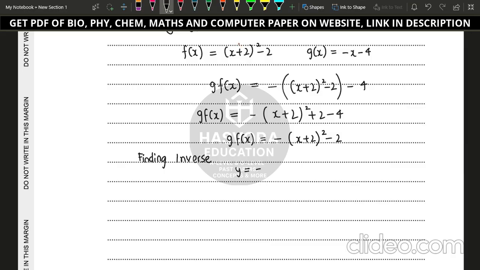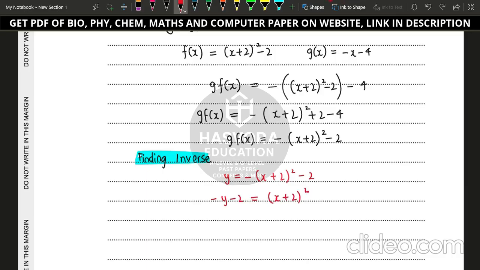So let's just do it with a different color so that you can differentiate between it. I'm finding the inverse, so it will be y = -(x + 2)² - 2. Let's shift it to that side, so this becomes -y - 2 = (x + 2)².